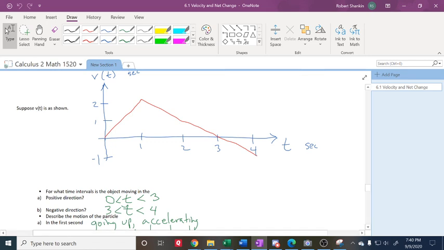Well, since I use straight lines here, I can easily compute my average velocity. My average velocity in this first second: I started at 0 velocity, I ended at 2, so halfway in between was 1. That's the average velocity.